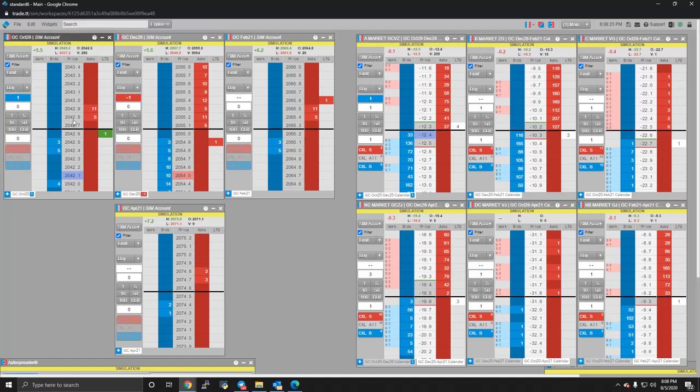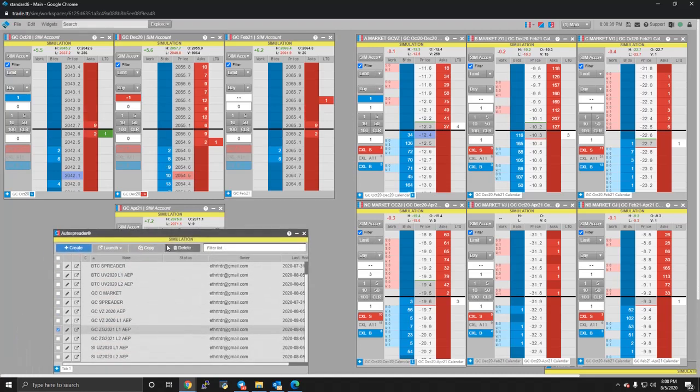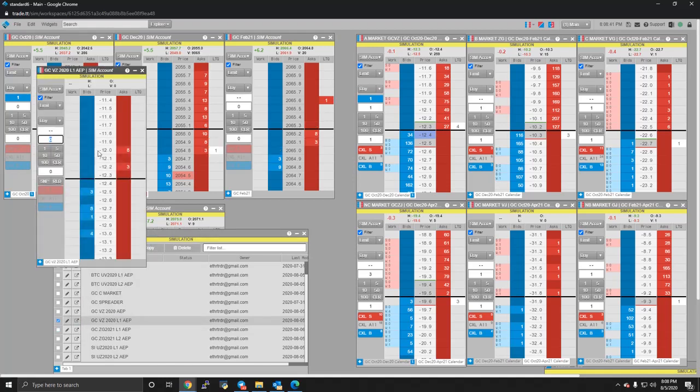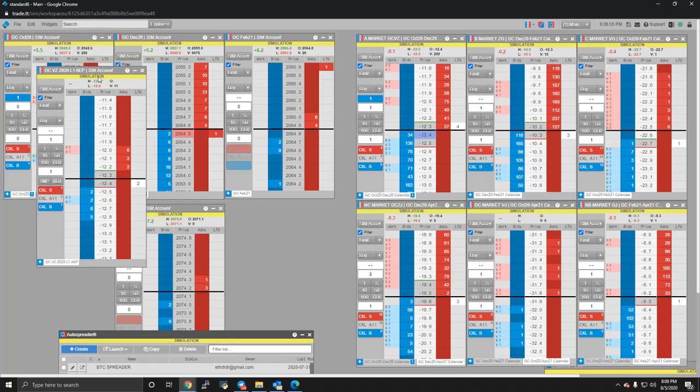If we come over and look at our gold October, gold December, gold February, gold April outrights, we can also create algorithmic execution portals for those spreads. So if I want to launch an A market spread, I can bid, let's just start minus 12.6 and minus 12.0.